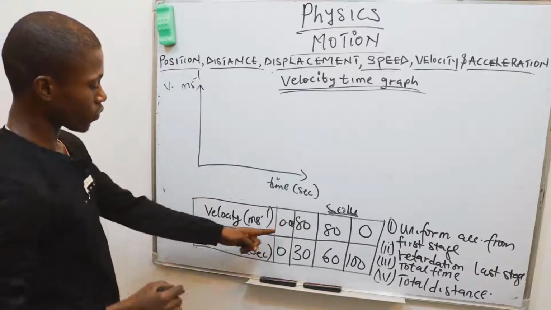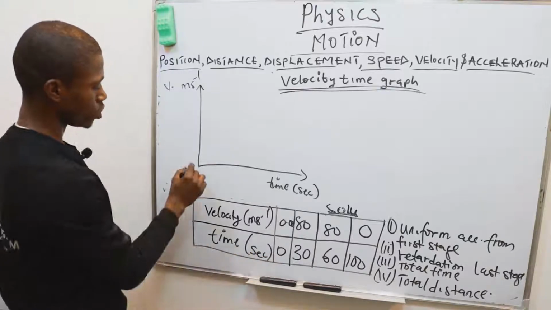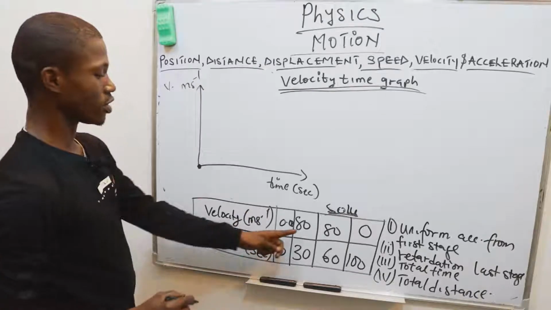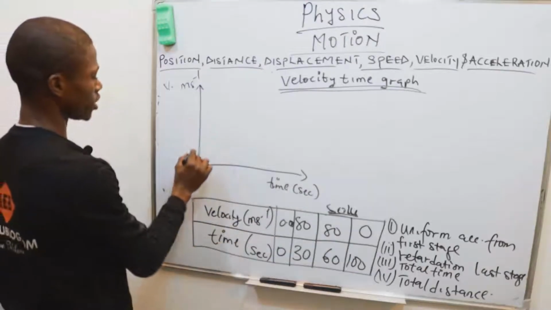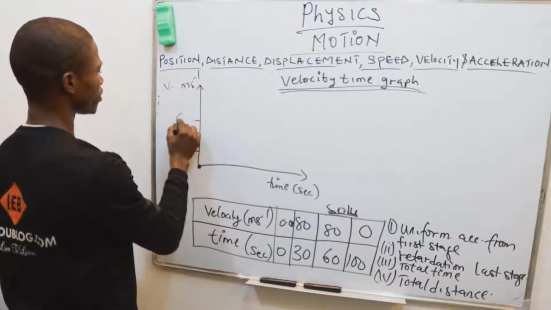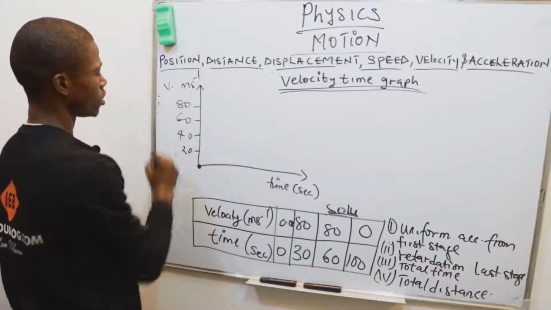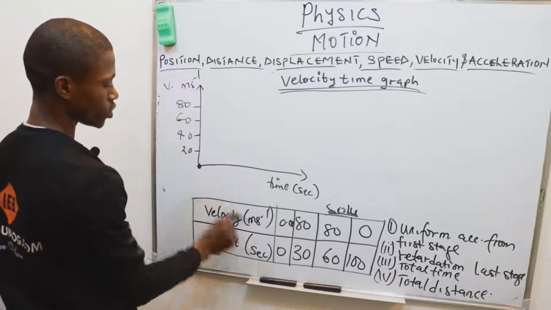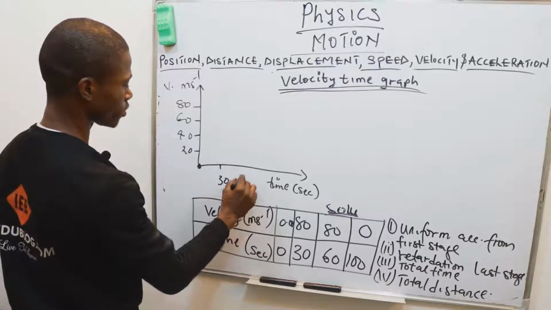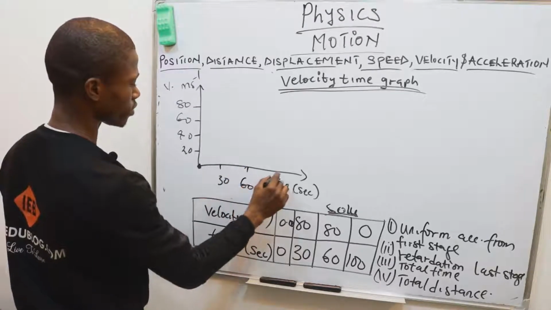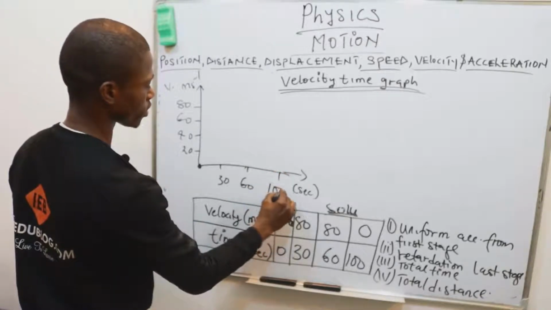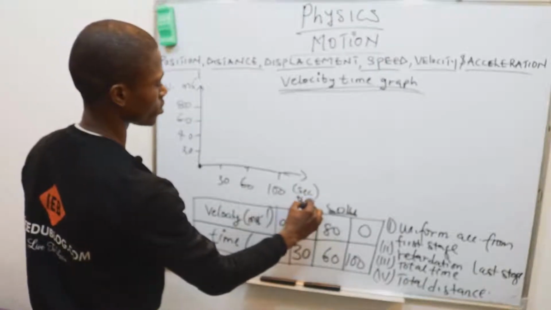They started from rest, which is here, and the velocity increased to 80. Let's say here is 20, 40, 60, 80 for velocity, and here is 30 seconds, 60 seconds, and 100 seconds for time.